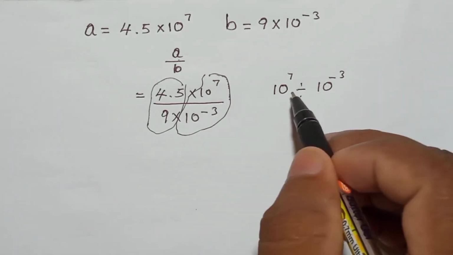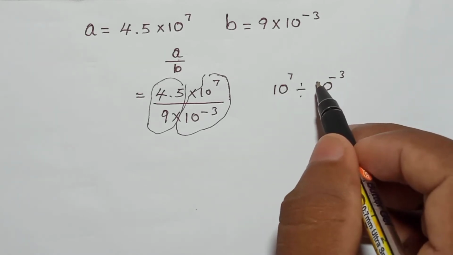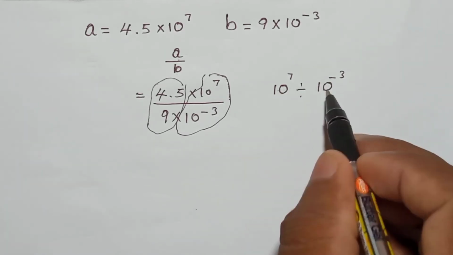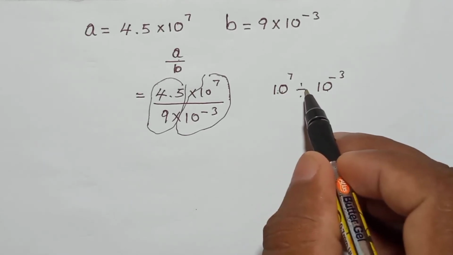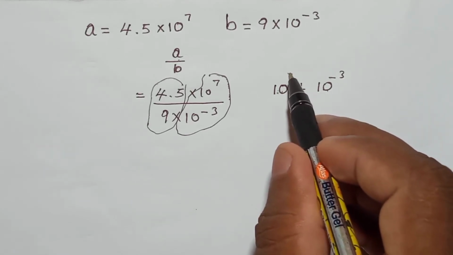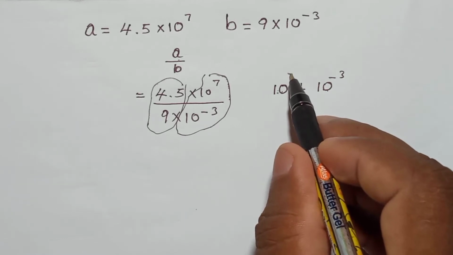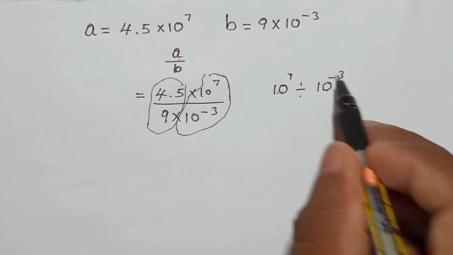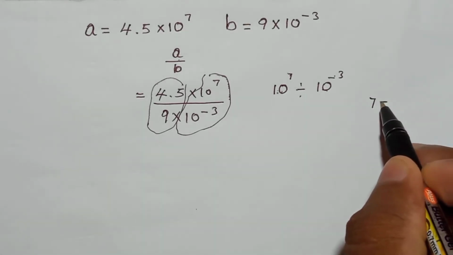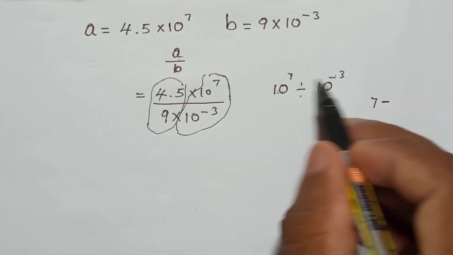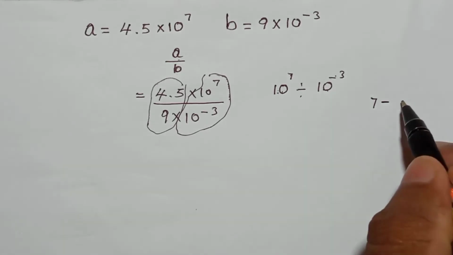With the indices rule we have learned, if you have the same base, here the base is 10, and division, what do we need to do? Subtract the index from the first index. That means from this index you need to subtract this index. So 7 subtract minus 3.